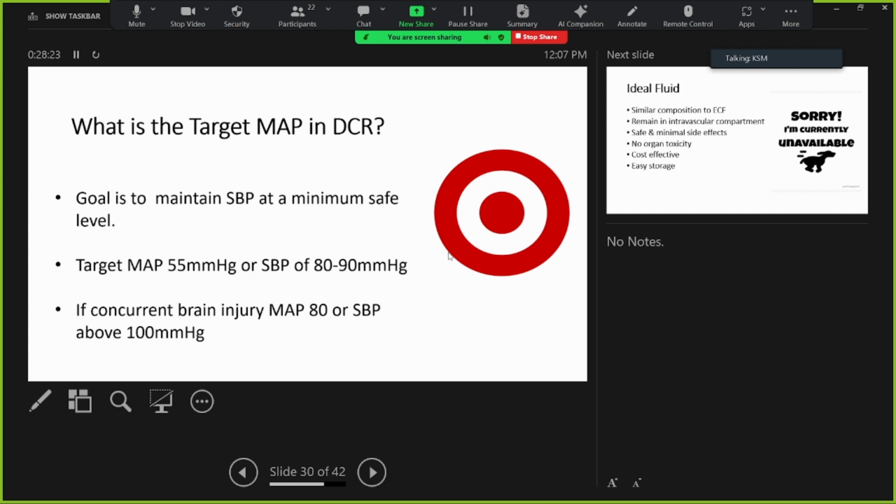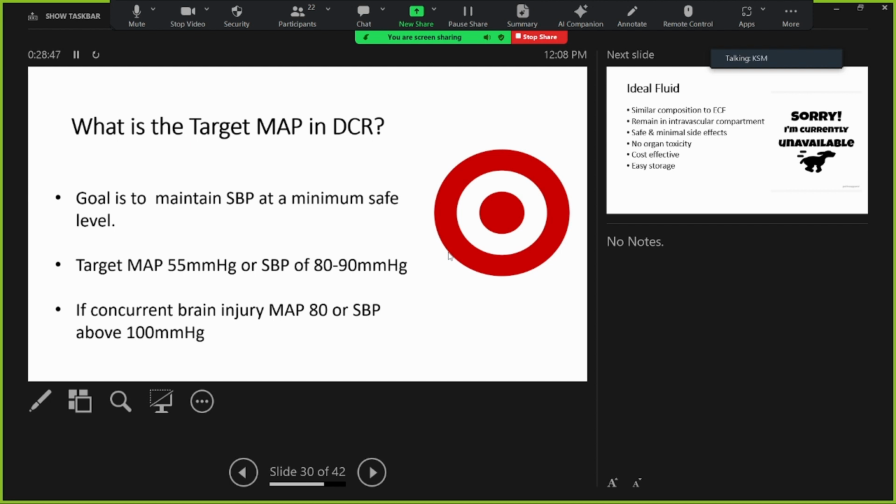But the problem is, if the patient has multi-trauma with a concurrent head injury, you cannot maintain this, because you have to maintain cerebral perfusion, where you need a normal or higher than normal mean arterial pressure. So it should be around 80, and systolic blood pressure should be above 100 millimeters of mercury.